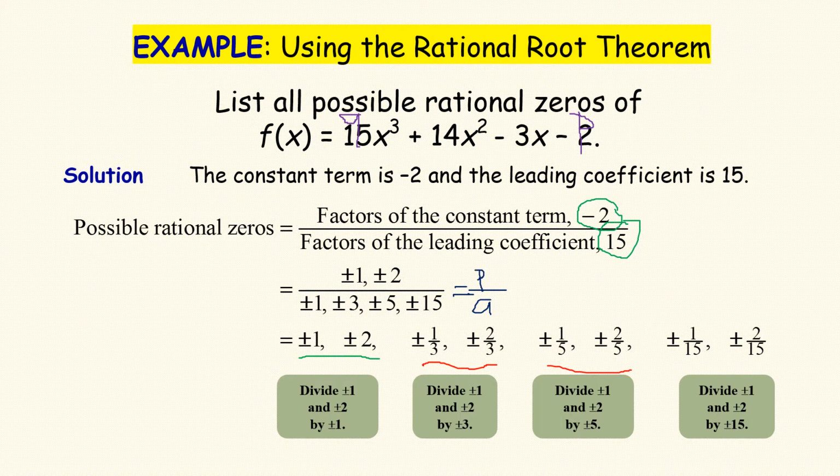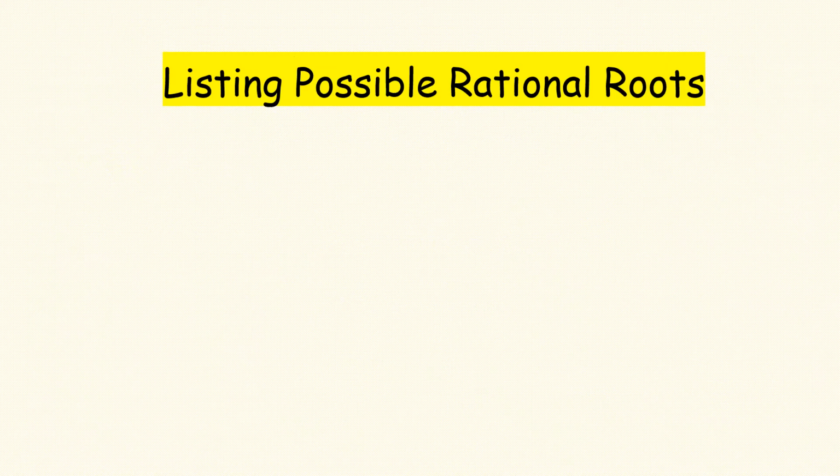Then, the last one, kapag dinivide natin yung ating numerator sa ating positive and negative 15 na denominator, ang makukuha natin ay positive and negative 1/15 and positive and negative 2/15. So, ganun lang siya kasimple kung paano magsulat or mag-list ng all possible rational zeros of a function.